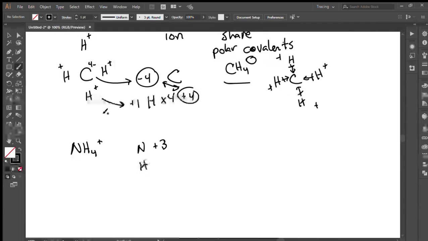Hydrogen's oxidation number, just like before, it loses its electron, is +1, but now there are 4 of them. Oh, that's not +3, that's -3, sorry. My bad. So that gives us +4. So -3 plus 4 gives us an overall charge of +1, which matches our +1 here.